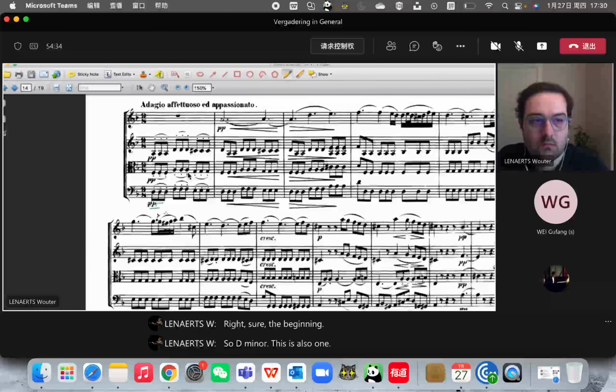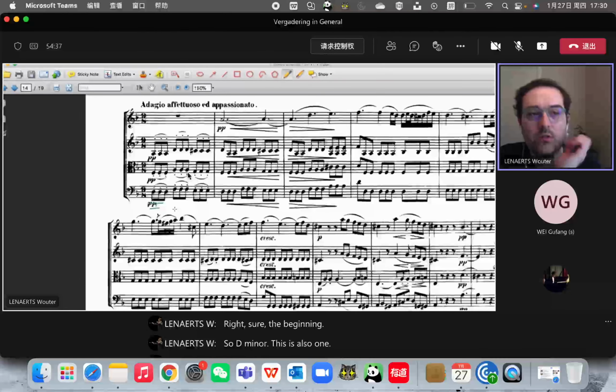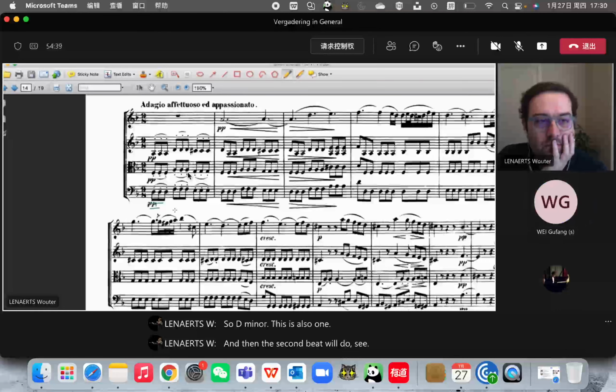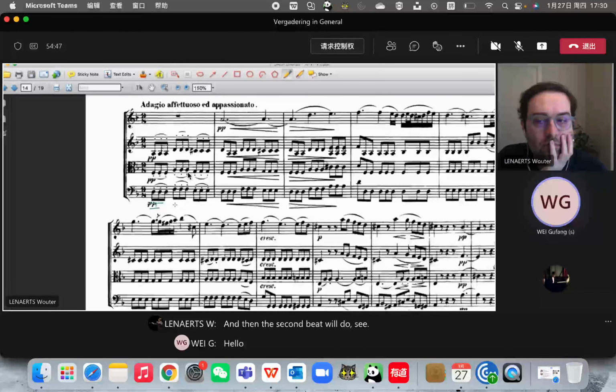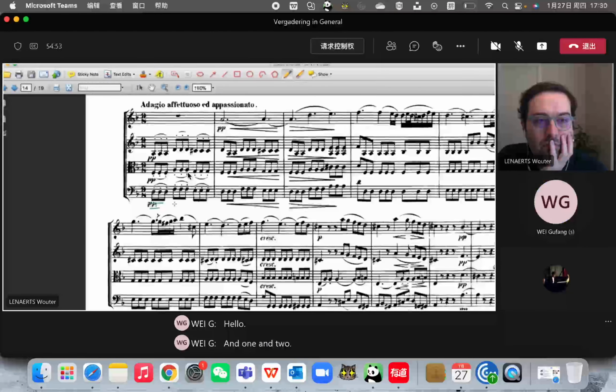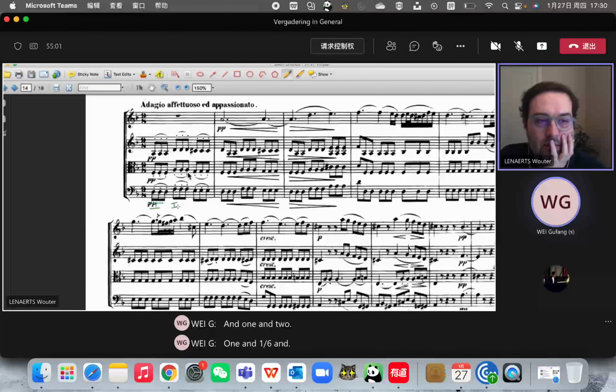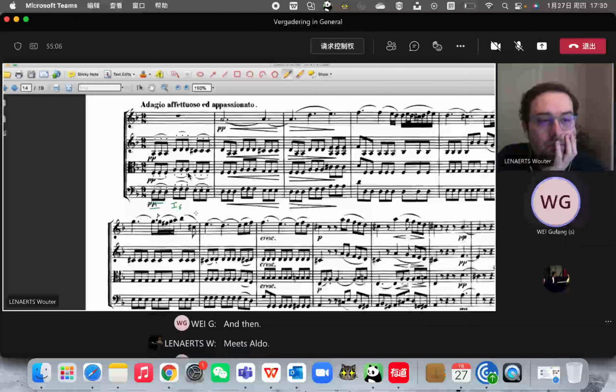And then the first chord is 1, and the second beat, what do you see? The 7th degree, 6, seventh chord in first inversion, Fa, La, Re. 1 and 1 6, tonic first inversion, and then Mi, Sol, Do. This is 7 6, Mi, Sol, sharp Do, the 7th degree is sharp Do, Mi, Sol. 7 6, yes, good.